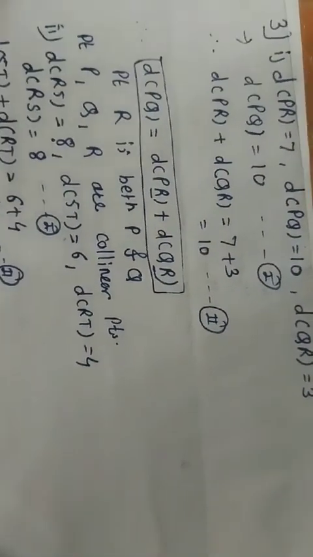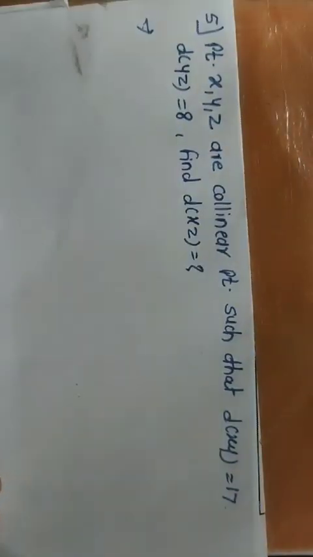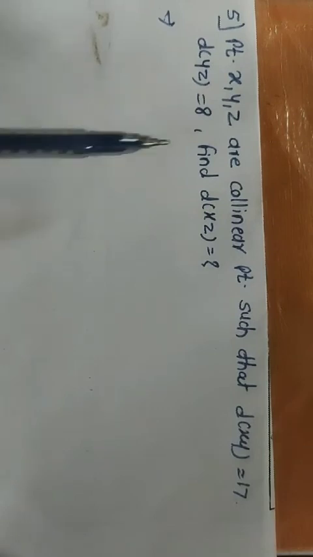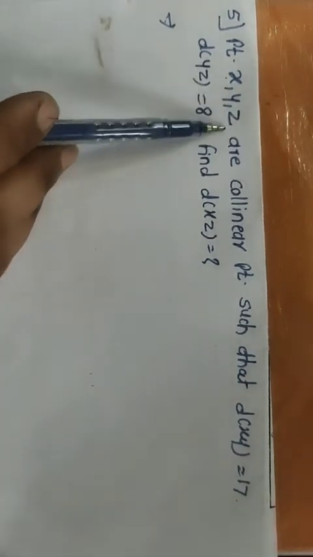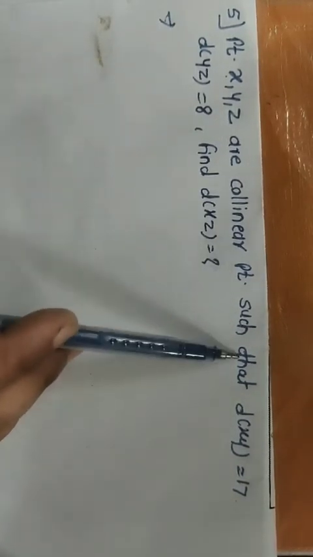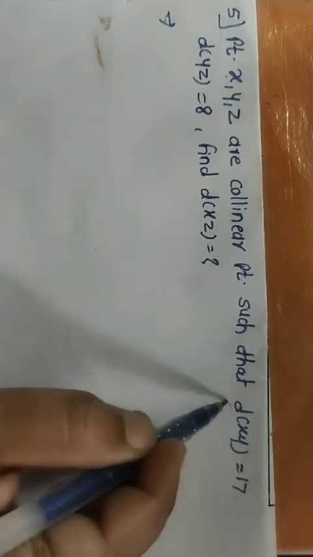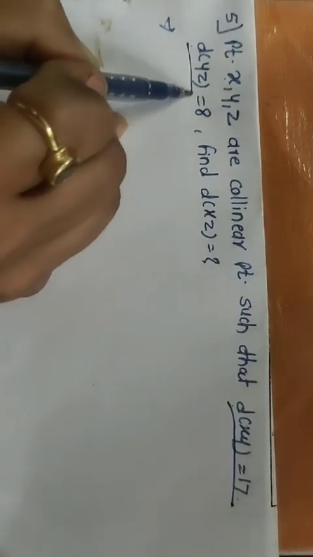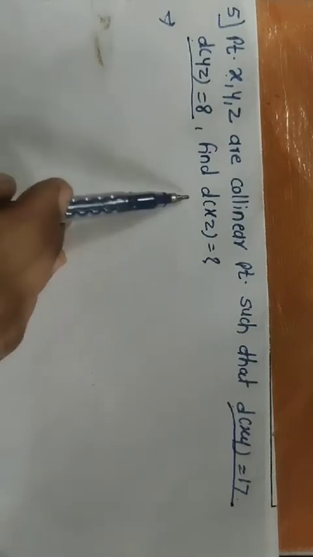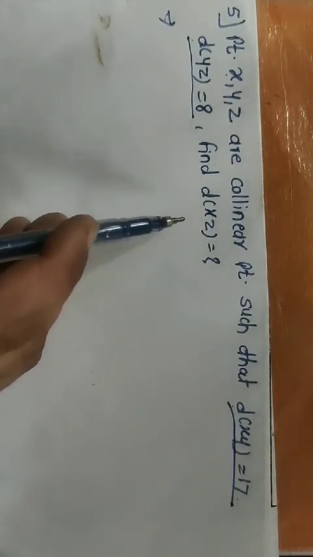It is our third example. Then the fifth example is: if points X, Y, Z are collinear points such that XY is equal to 17, YZ is equal to 8, then we have to find distance XZ.